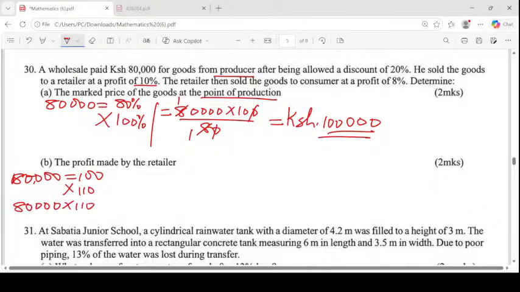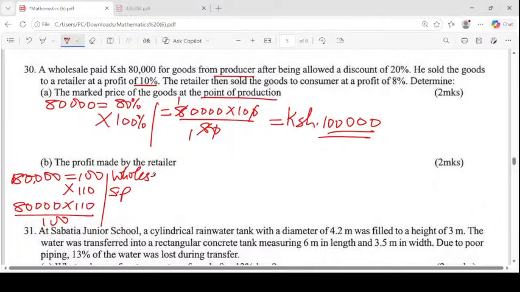So this becomes 80,000 times 110 over 100. No, this is the wholesaler's selling price.